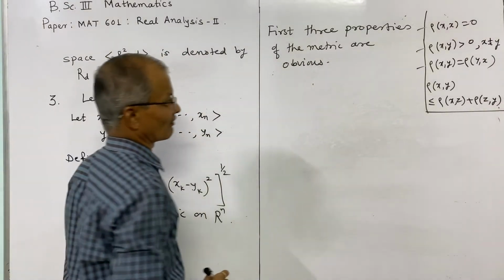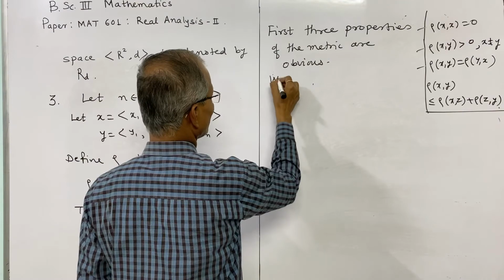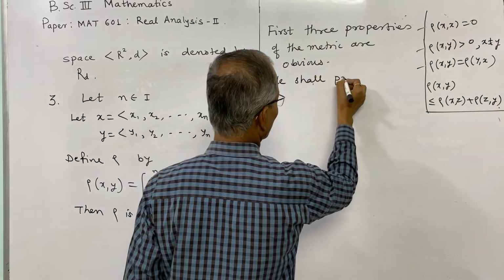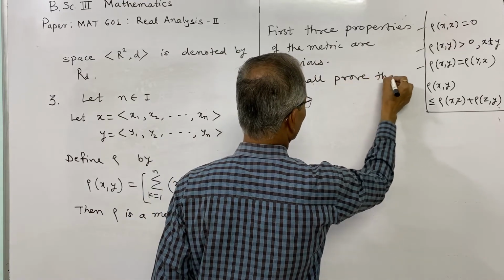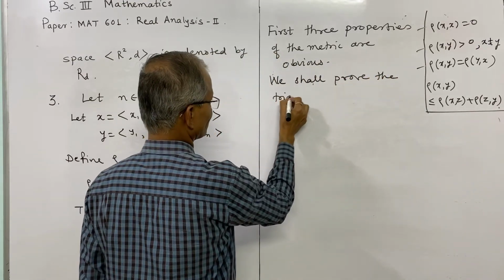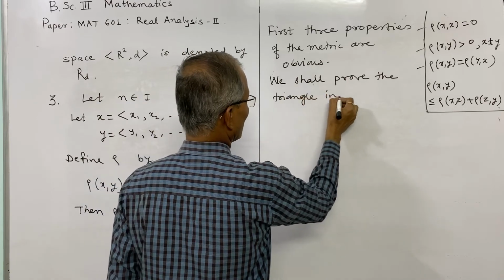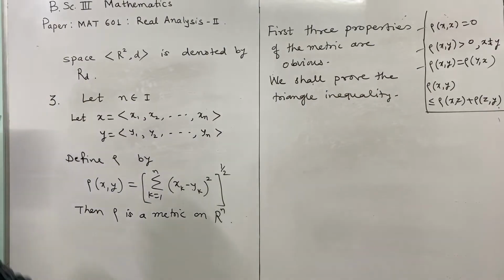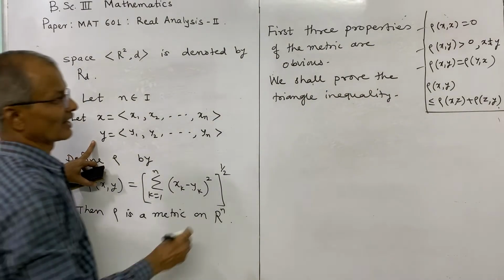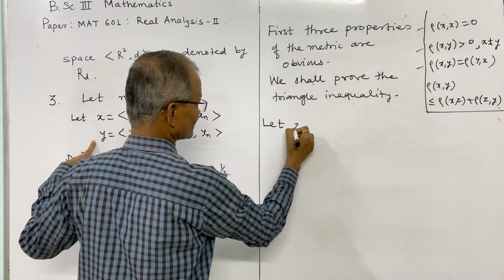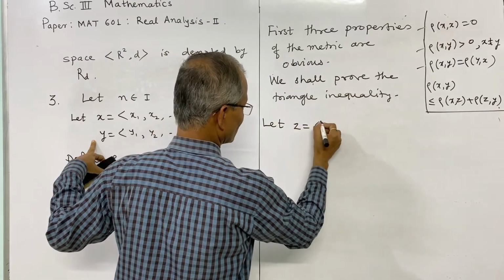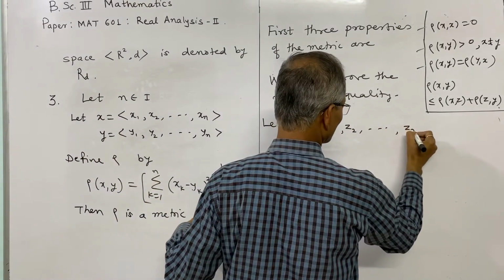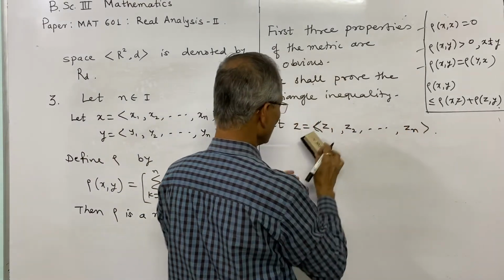Consider the triangle inequality. We will verify or prove the triangle inequality. For the triangle inequality, we require 3 points. And x and y are taken here. We consider z. Let z be z1, z2, ..., zn be a point considered.